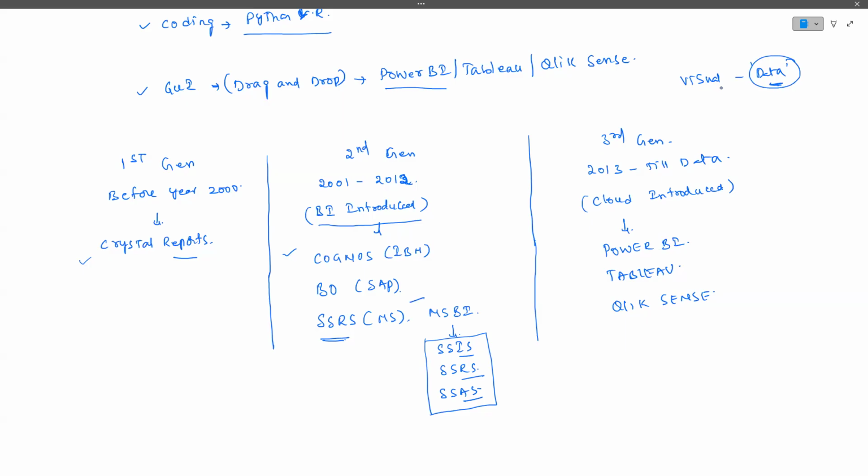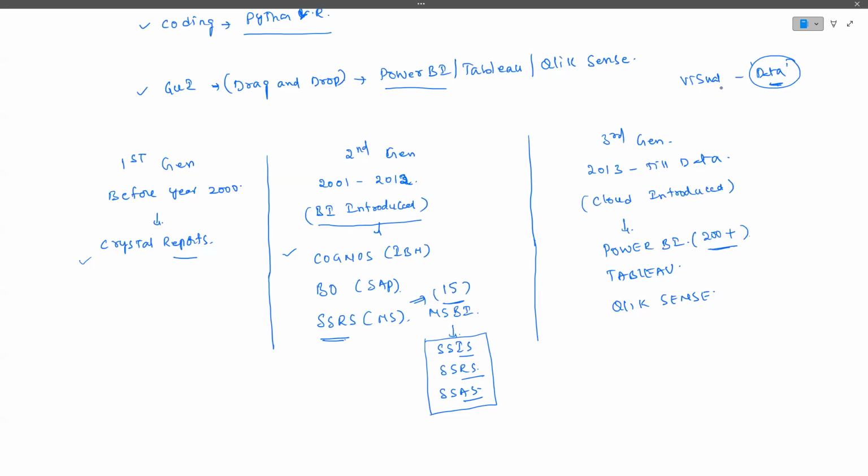SSRS is capable of getting data from hardly 15 different types of data sources. Whereas Power BI, guys, cannot be compared. Power BI can import data from 200 plus different types of data sources.